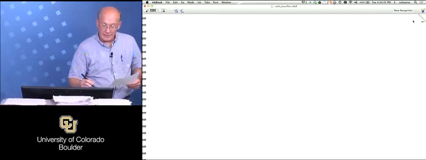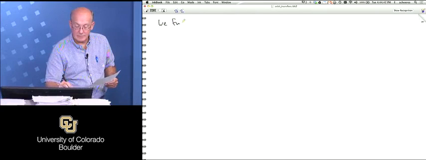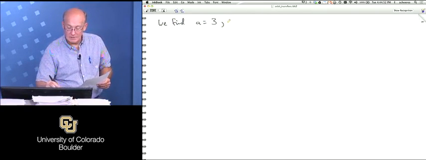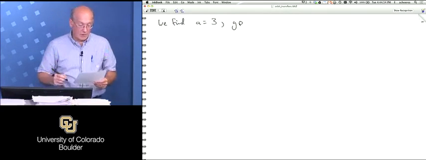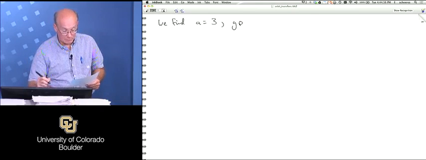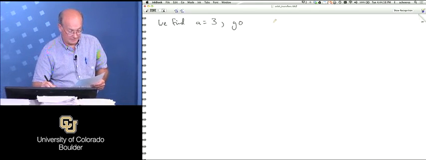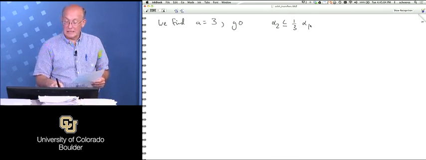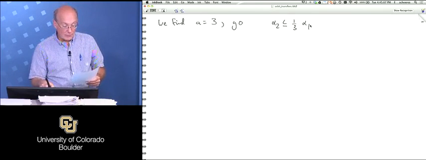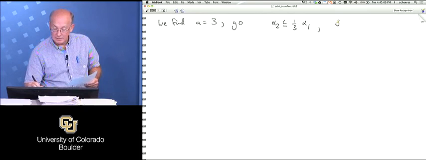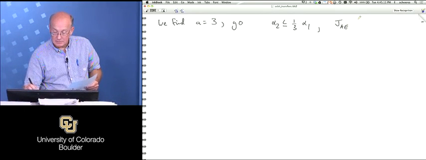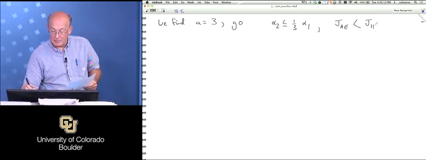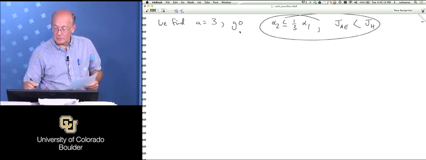You go through the math, you find that A is equal to 3. So what that really means is that for alpha 2 less than or equal to 1/3 of alpha 1, the aero-assist is going to be optimal over the Hohmann transfer.